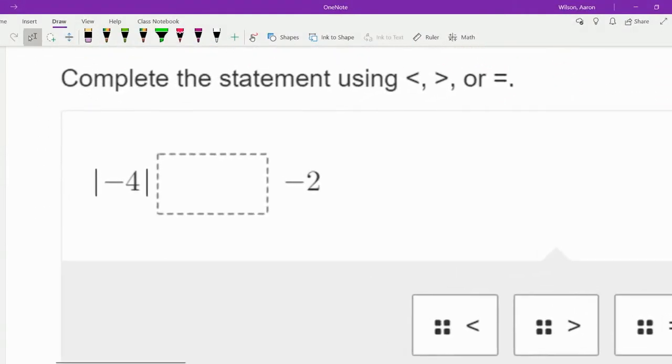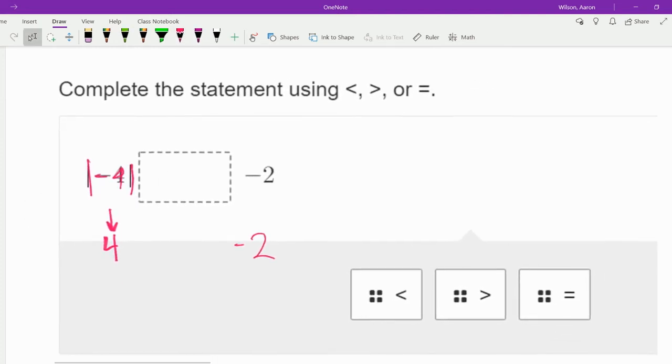So now we can get into comparing using the absolute value. This reads the absolute value of -4. The absolute value of -4 is simply 4, because it's 4 spaces away from 0. We have to compare that to -2. You should have learned in elementary school that the alligator eats the bigger number, so the alligator has to face this way. That is the greater than symbol.